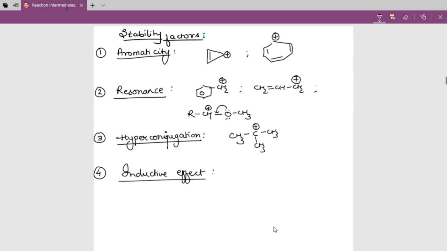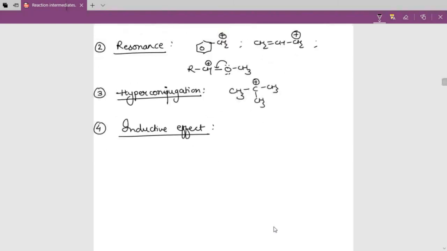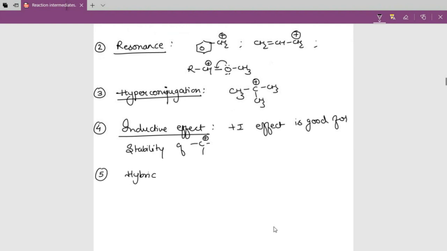As our carbocation is an electron deficient system, a plus I effect is good for the stability of carbocation. If there is a minus I, the reverse effect will take place. It is bad for the stability of carbocation. Okay. Besides this, certainly there is a hybridization factor.